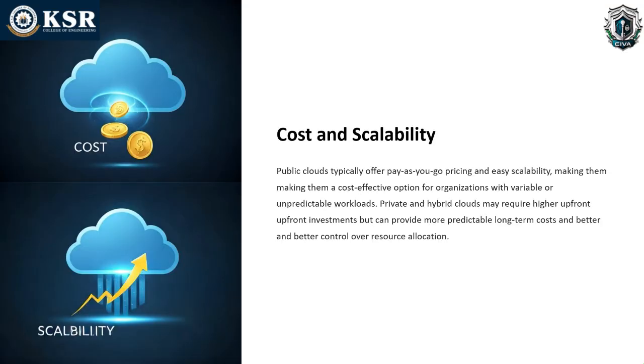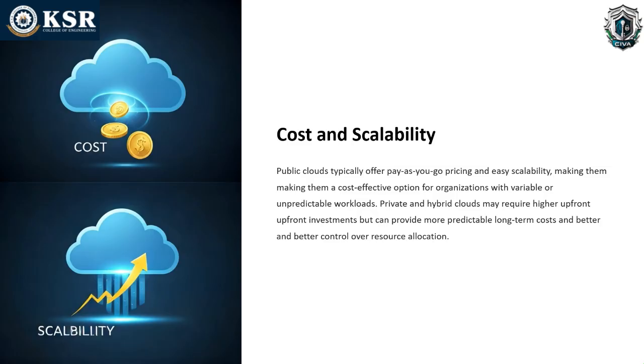Cost and scalability. Public clouds use a pay-as-you-go pricing model, making them ideal for businesses with changing workloads. Private and hybrid clouds involve higher initial cost but provide better control and predictable expenses in the long term. That means if your business workload changes often, a public cloud saves money.